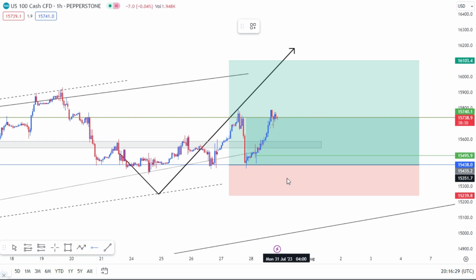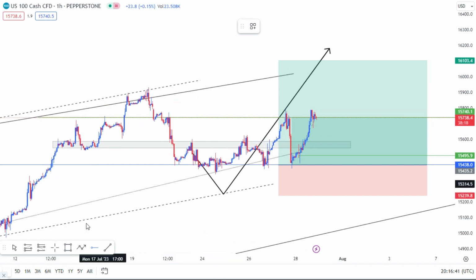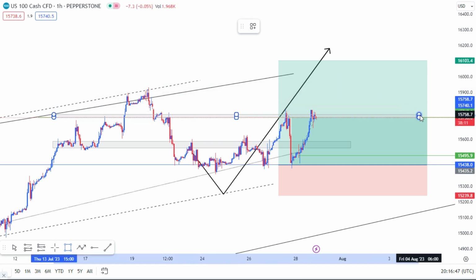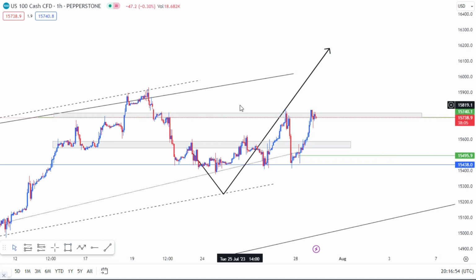For those who are new to this, we'll have to wait until we hit this level right over here. If the market prevails to push to the upper side and you see this level, we all know where we are.